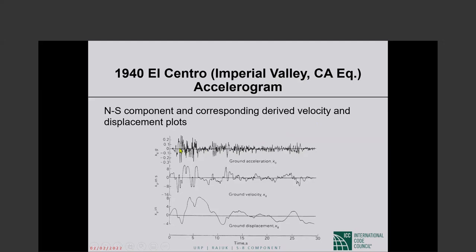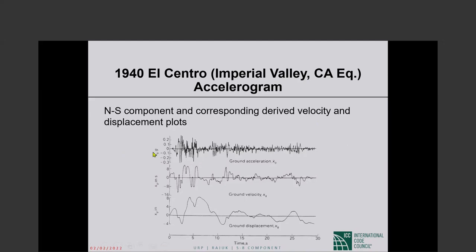The accelerogram at the top is for the north-south component of the El Centro record. There were 3 records. We are taking one of them. This is the north-south, one of the horizontal components.